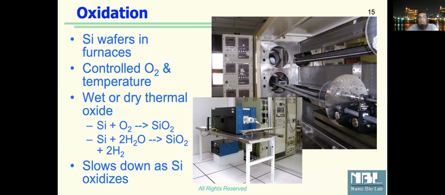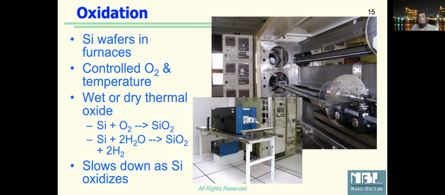What we are doing here is changing the surface silicon atoms into silicon dioxide. We keep on supplying those oxidizing species. They have to diffuse through, get to the lower level of silicon, and keep on using pure silicon and converting it to silicon dioxide.